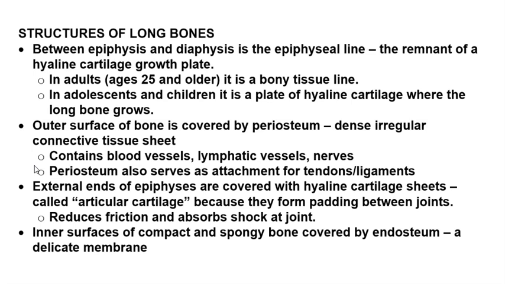The epiphyseal line is actually the remnant of a hyaline cartilage growth plate that is referred to as the epiphyseal plate. In adults, that is ages 25 and older, the epiphyseal line is simply a line of bony tissue.